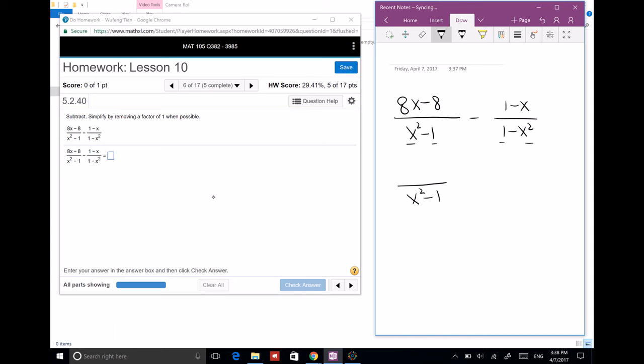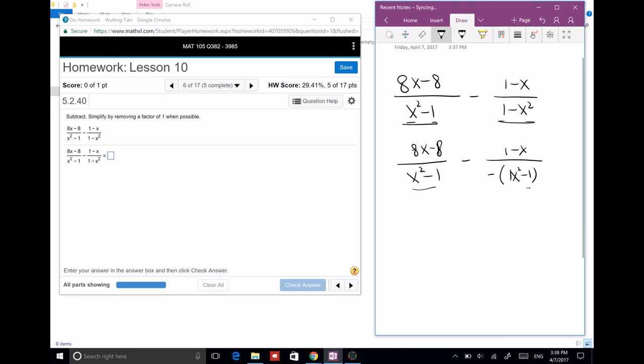So basically we can change the second one, minus, into minus x squared minus 1, because this is just the opposite of this. So I just put a negative, and it becomes the same denominator, 1 minus x. This minus minus becomes a plus. So 8x minus 8 over x squared minus 1, plus x squared minus 1 over 1 minus x.